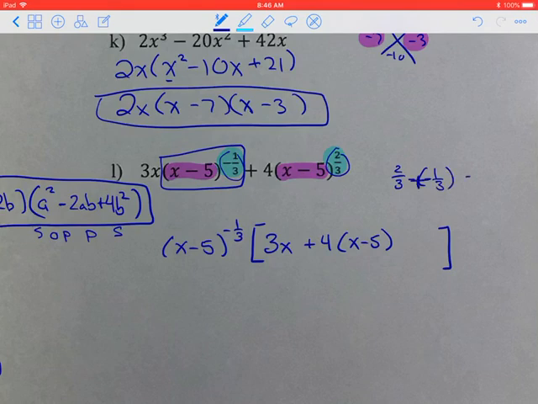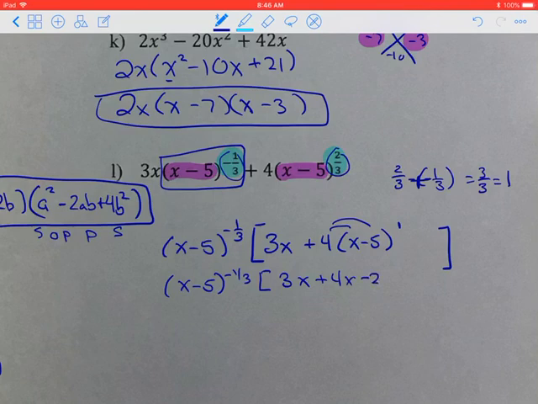Well, that makes a plus, so I end up with 3/3, which is just 1. So that's my exponent right there. So since that's just x minus 5 to the first, I don't have to write that, but I am going to go ahead and distribute that 4. And this becomes 3x plus 4x minus 20.